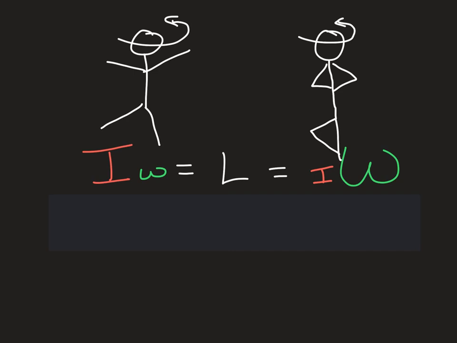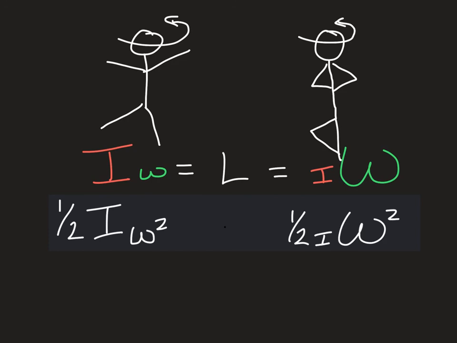Both versions of the skater have the same momentum, but do they both have the same kinetic energy? Well, for that, let's think about our kinetic energy equation. They are not moving forward necessarily while they're doing their spin. They're staying in place, and therefore they have rotational kinetic energy. Keep in mind that rotational kinetic energy is 1/2 I omega squared, where the body position on the left has a large moment but a small angular velocity, compared to the body positioning on the right that has a smaller moment of inertia with a larger angular velocity.